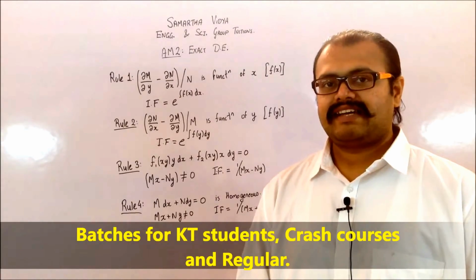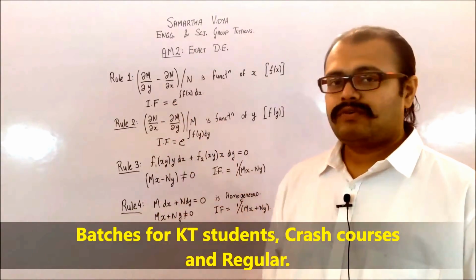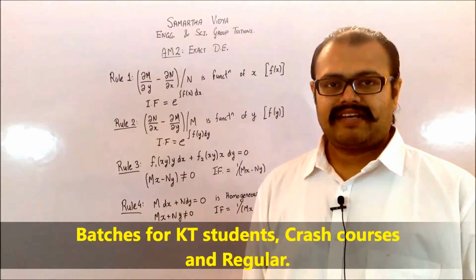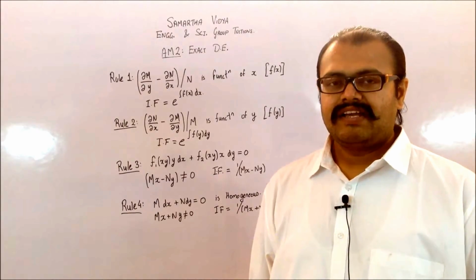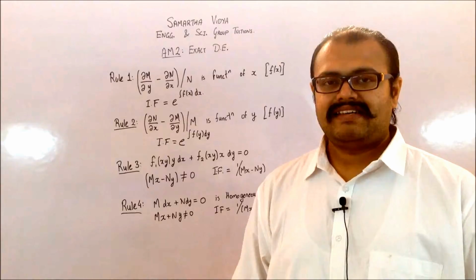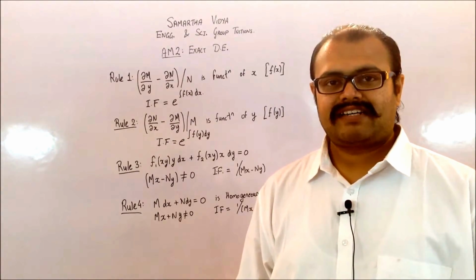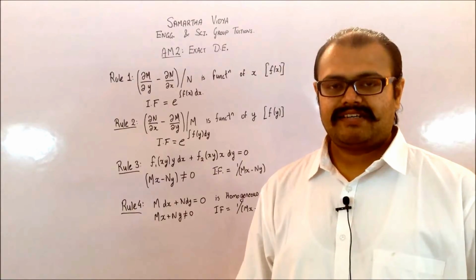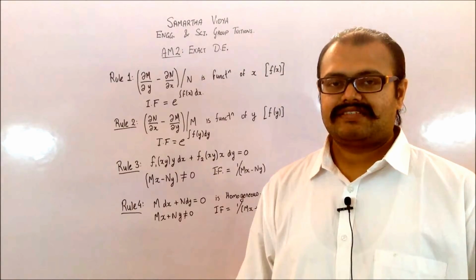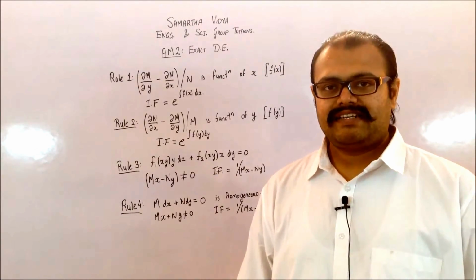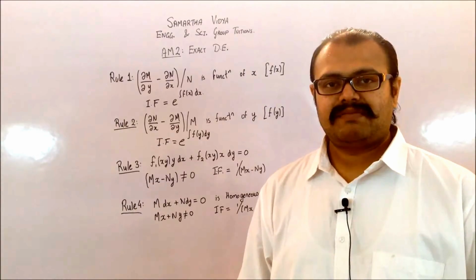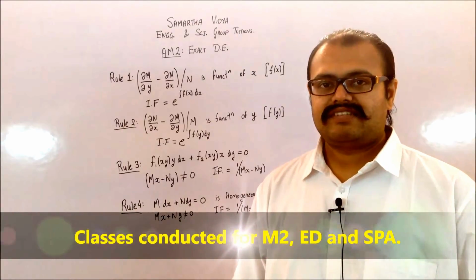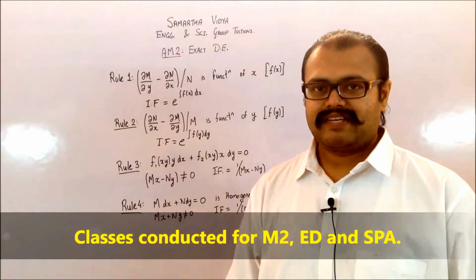If it is non-exact, then these 4 rules can help you bring it down to an exact differential equation. What you have to do is find an integrating factor such that, by multiplying it with the differential equation, that equation becomes exact. So our main intention is to find the integrating factor, which has to be multiplied with the given differential equation to make it exact.